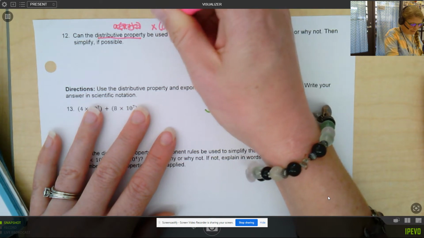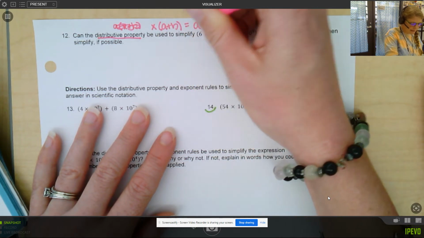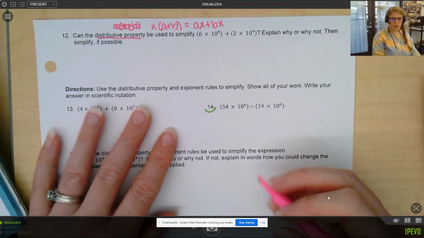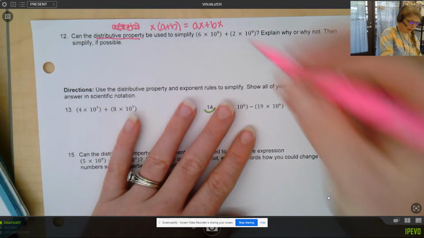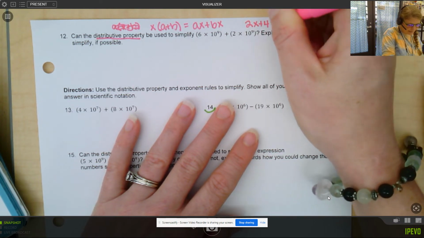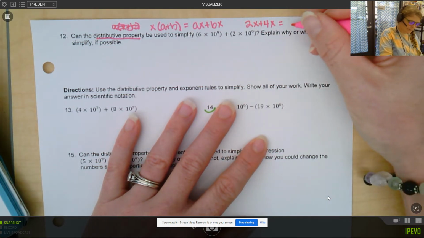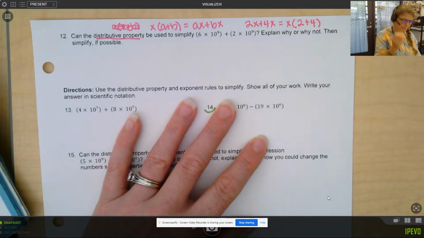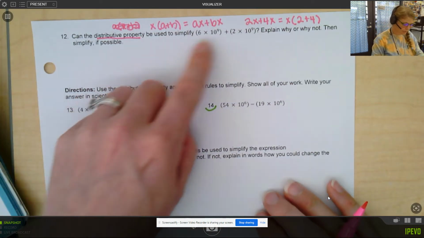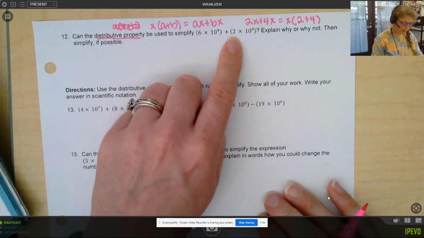X times A plus B is equal to AX plus BX. So thinking about this, we can go backwards. If you had 2x plus 4x, that's equal to x times 2 plus 4, because x is a common factor. Very interesting.